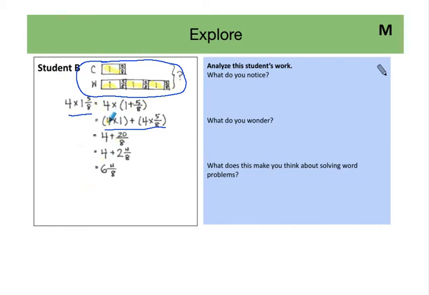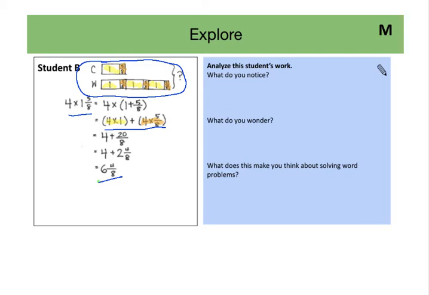And that's where we get 4 times 1. And then they have those 4 5/8 there, right? 5/8, 10/8, 15/8, 20/8, right? And we see that 20/8 there. And then they also found their answer to be that 6 4/8.